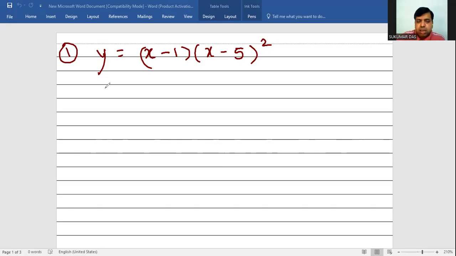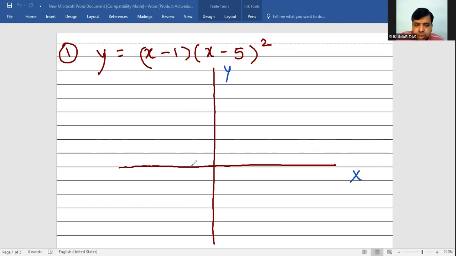What we will do is, first of all, we will draw the x-axis and y-axis like this. Then, as the factors are already given, we will mark the zeros. So this is the x-axis, this is the y-axis. We will mark our zeros: x is equal to 1, let's say this is 1, and let's say this is 5.